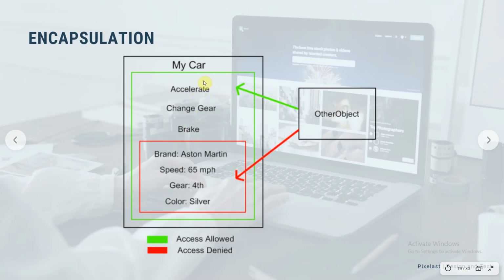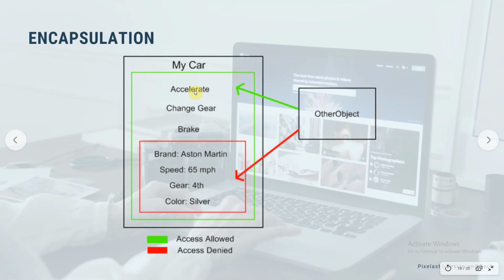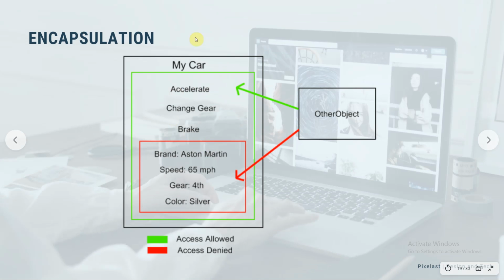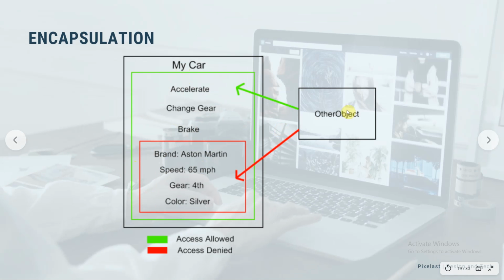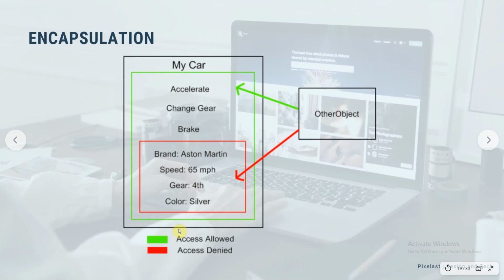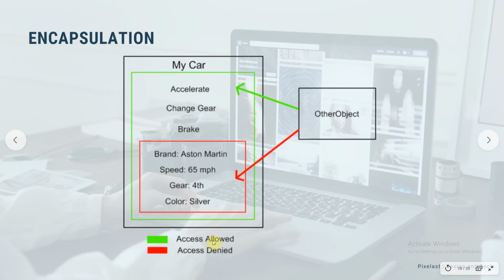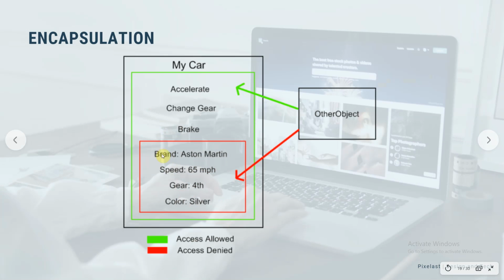If anybody wants to use these methods, he can use them, but access to the private variables is denied from outside the class. To use these privately defined variables, we have to use these methods. We cannot change these variables directly because they are defined as private.